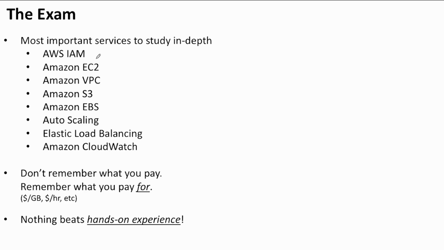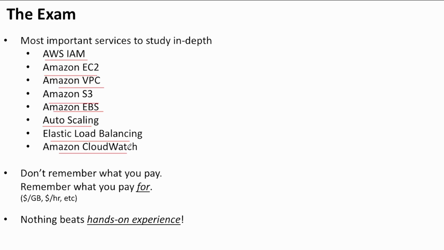And those would be the AWS Identity and Access Management, Amazon Elastic Compute Cloud, Amazon Virtual Private Cloud, Amazon Simple Storage Service, Amazon Elastic Block Store, Autoscaling, Elastic Load Balancing, and of course Amazon CloudWatch. There's more that you should go and study, but again, if I were to prioritize and point you to any that you should start with, it would be this list here.